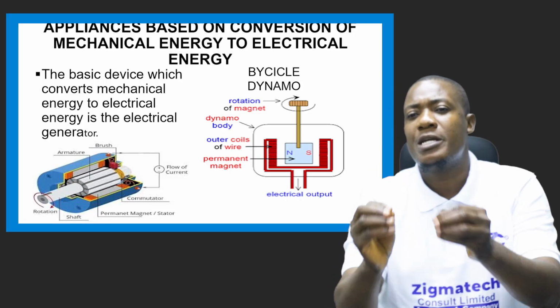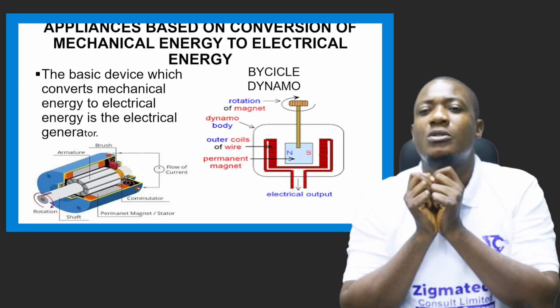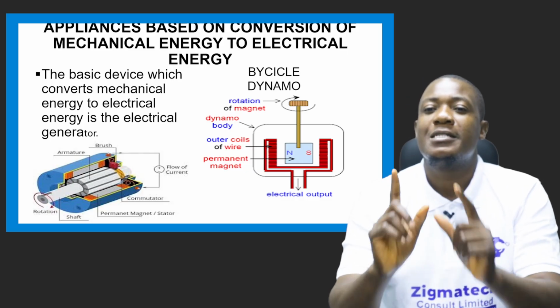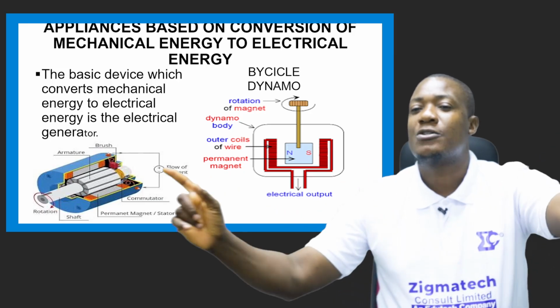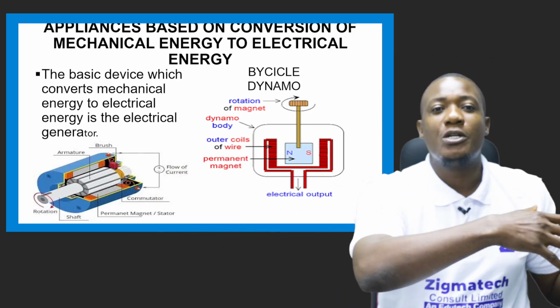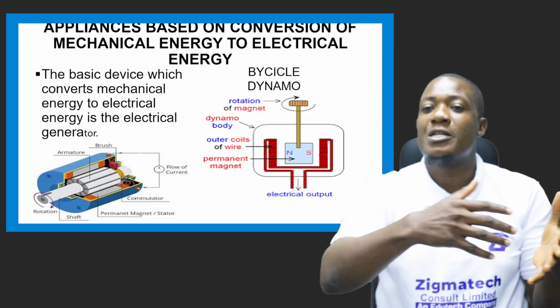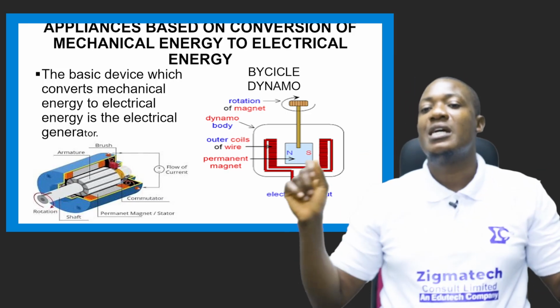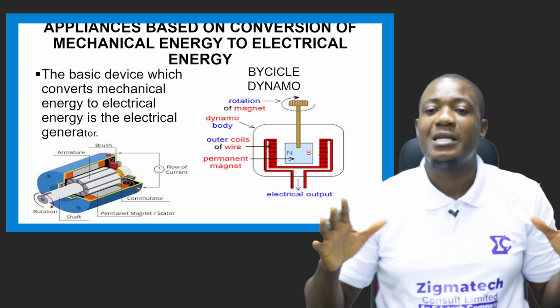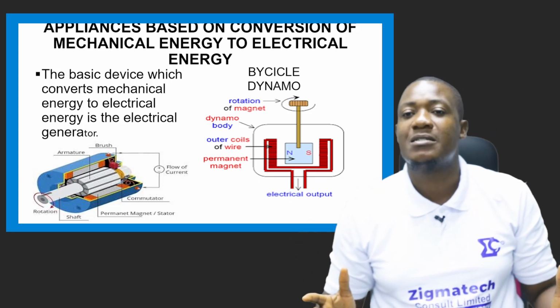So this current that is induced can be tapped using the carbon brushes. When you tap it and connect it to the other components of your generator, the voltage regulator will regulate the voltage, then you plug in your appliances. That's how we have lights.